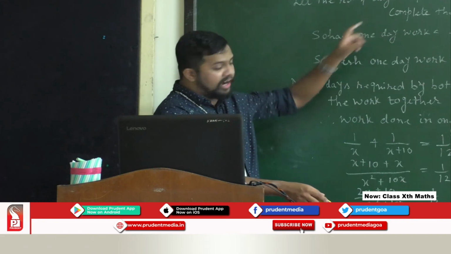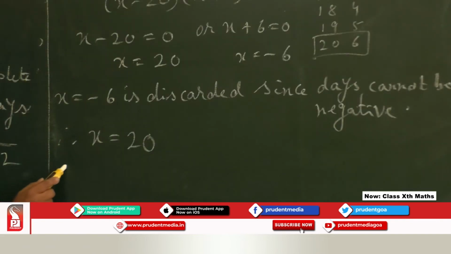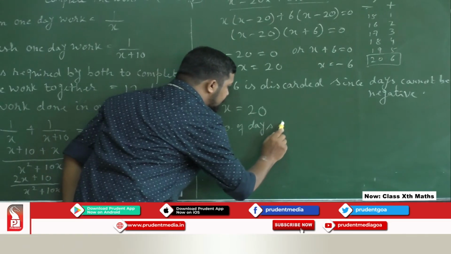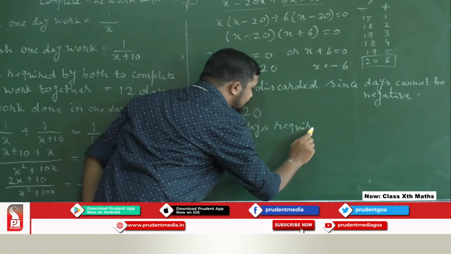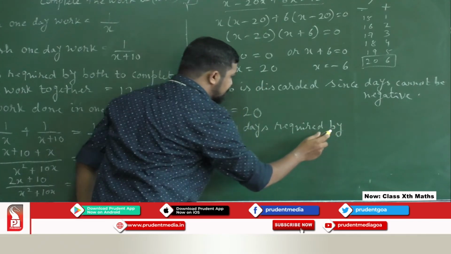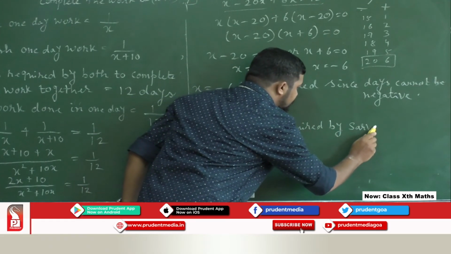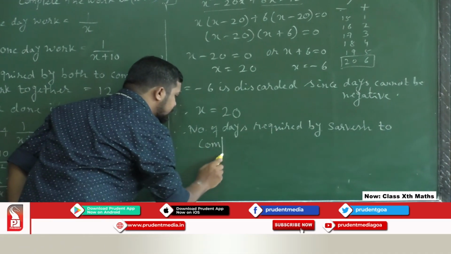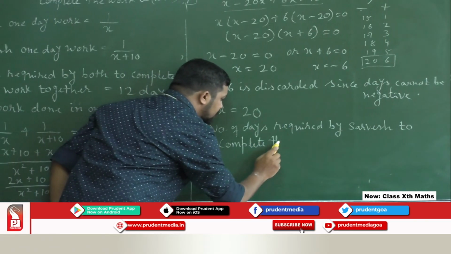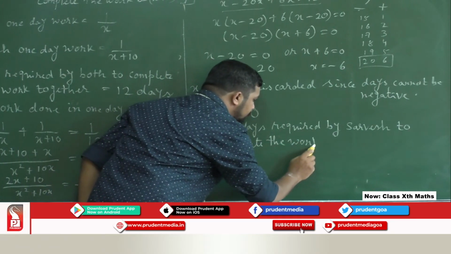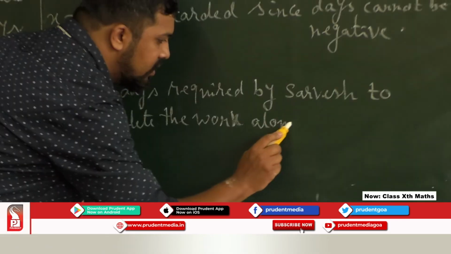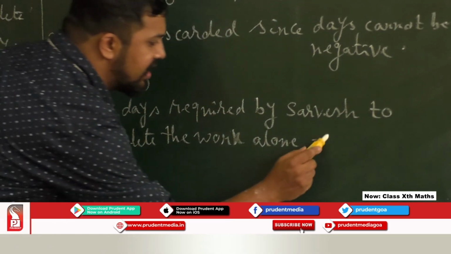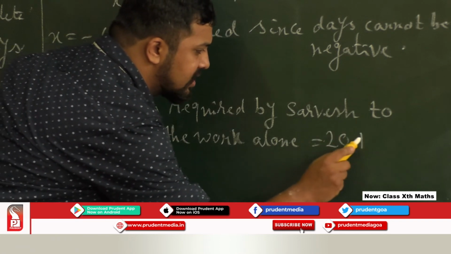So Sarvesh you have to find out. So therefore, number of days required by Sarvesh to complete the work alone will be x plus 10. X is 20. So 20 plus 10.